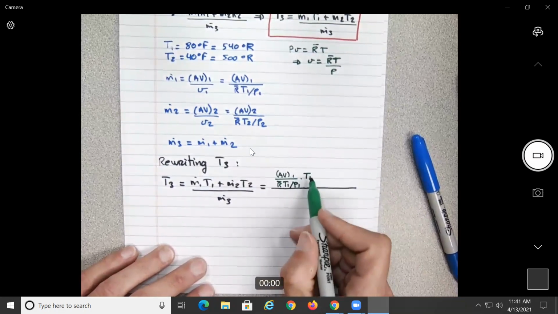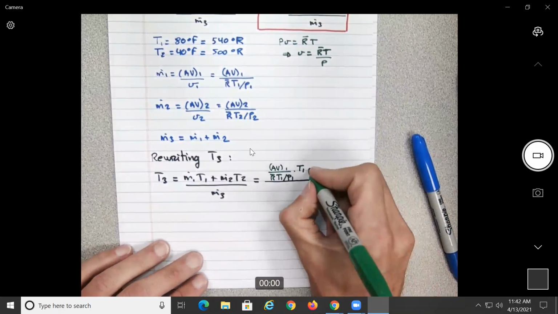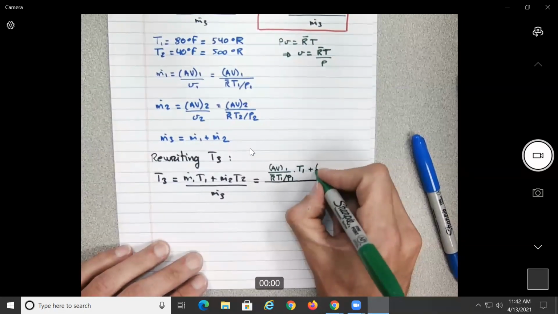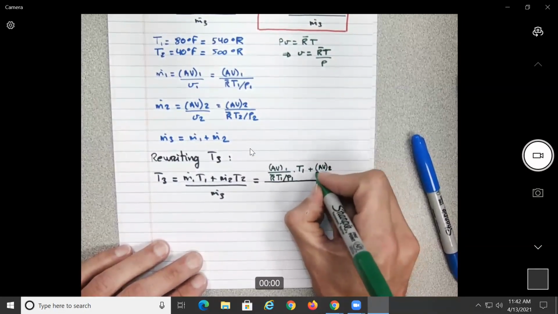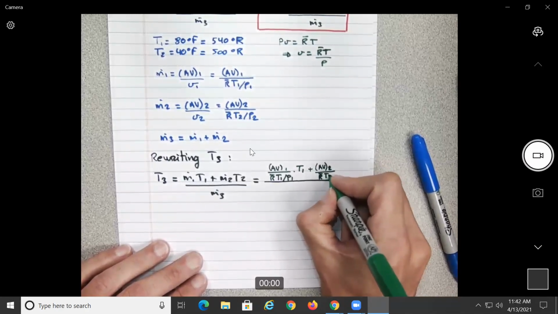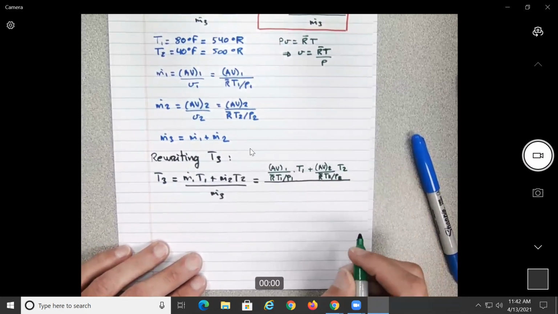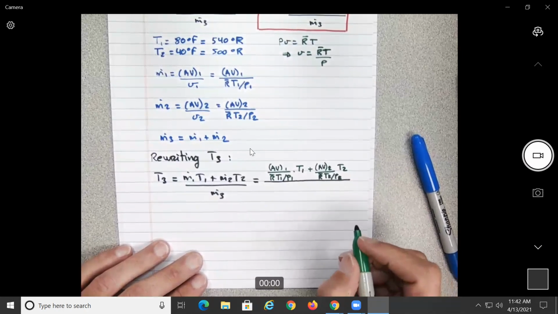You see what I mean? Looks like it cancels out, no? Plus M2, that will be A V2 divided by R bar T2 divided by P2, times T2.